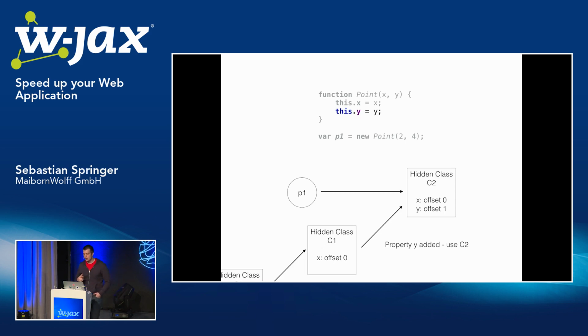And the big advantage is if you reuse this class or the prototype of the point, then those transitions from these classes are reused. So you build up this structure once and then reuse it. So if you run your application over a longer period, at some point all the class transitions are built up and can be reused, which speeds up the whole process pretty well.